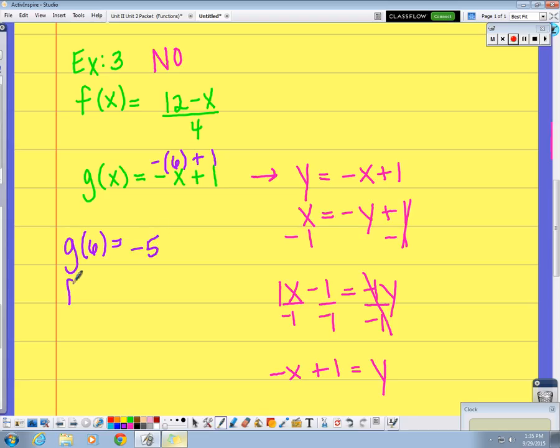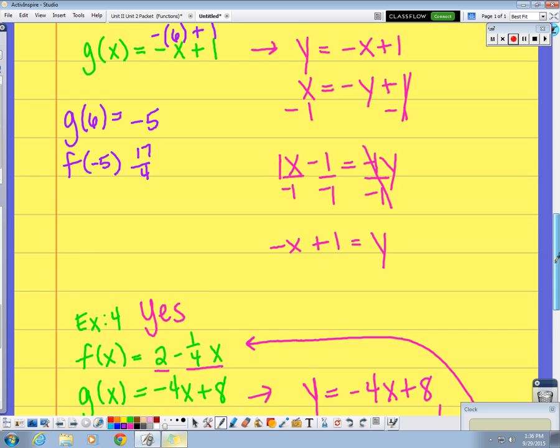We then plug negative 5 into the f function, so that'll be 12 minus, it's already there, and then in the place of x, we put the negative 5, and then over 4. So what is 12 minus the negative 5? And what's 17 divided by 4? Right, it doesn't reduce. You could make it a mixed number if you want, but regardless, is that what we plugged in originally? No, so that's why these are not inverses.